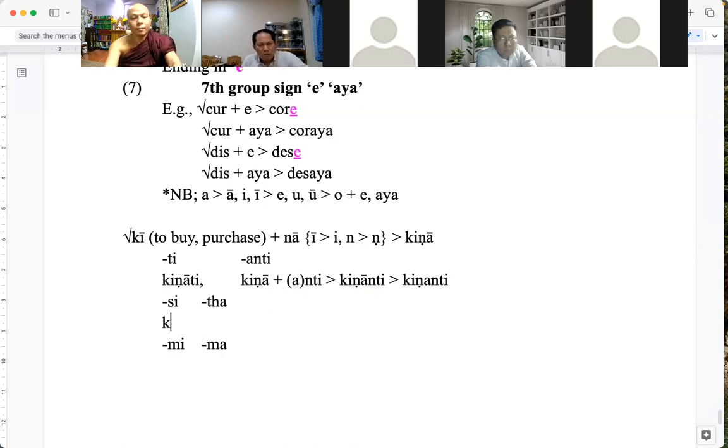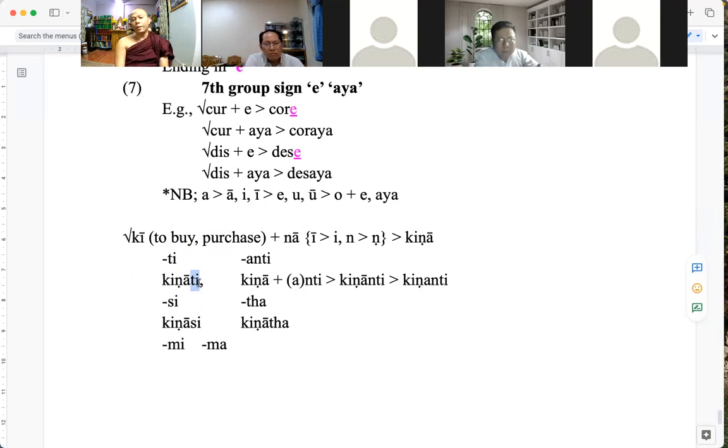And then kinasi, and then kinatha. So when we see kinati, the kina base means to buy, to purchase, but here we have already added ti. So that is present tense, third person singular. So the subject we already understood: he or she.